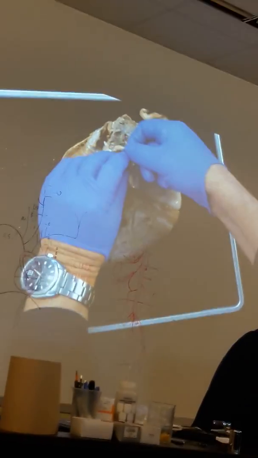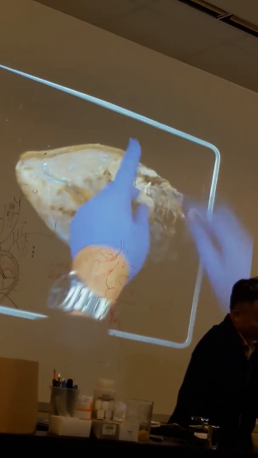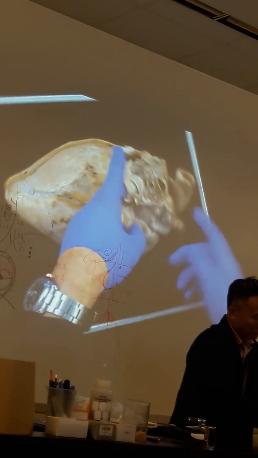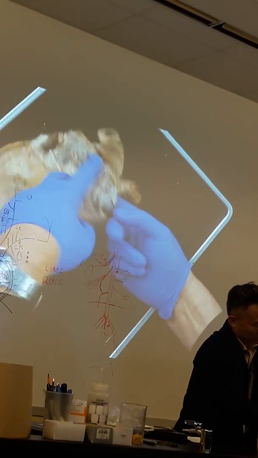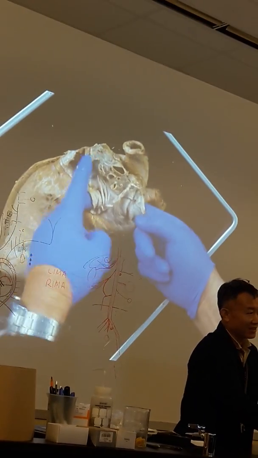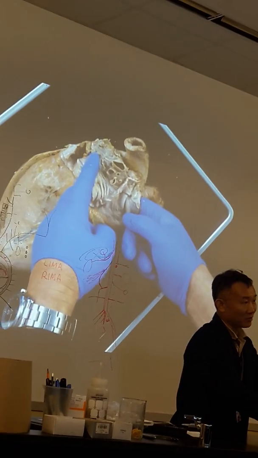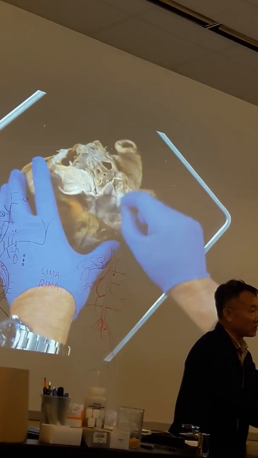See where it goes. I want to see if my finger can meet. Yes. My finger can meet. Okay. That means they both go into the right atrium. So that's inferior vena cava. That's superior vena cava.